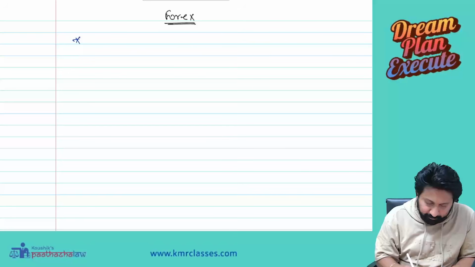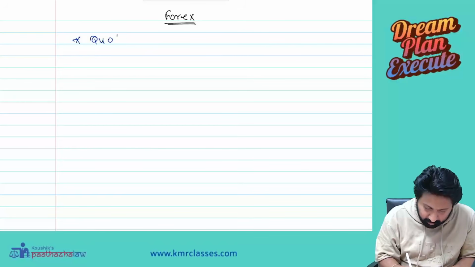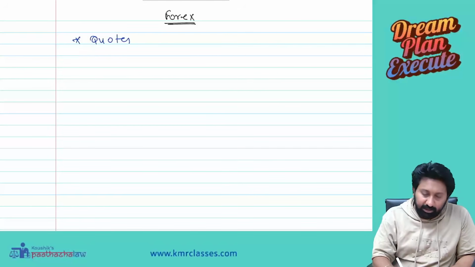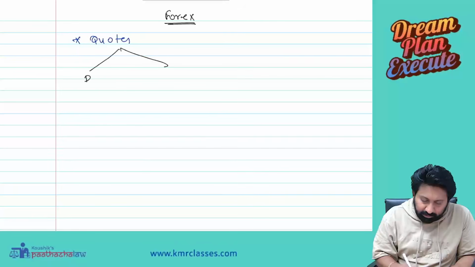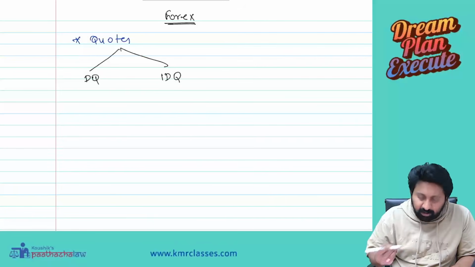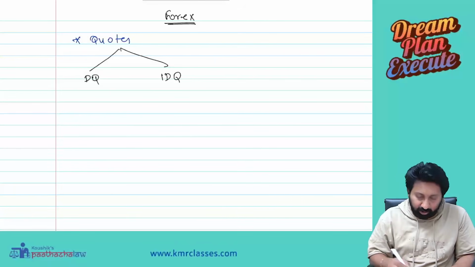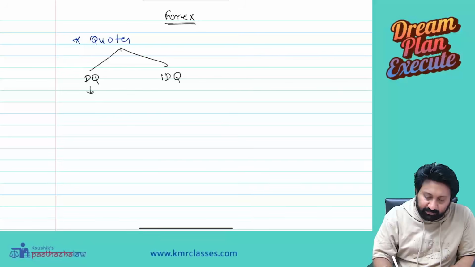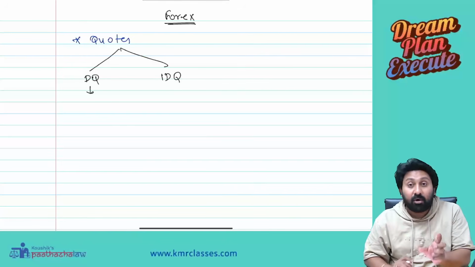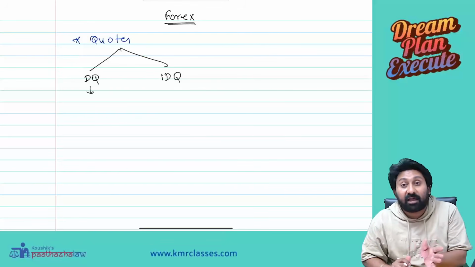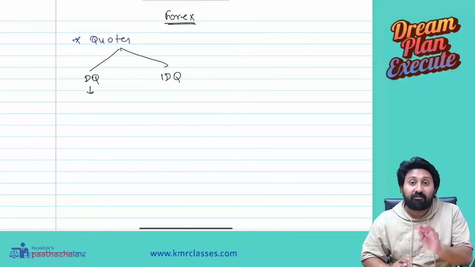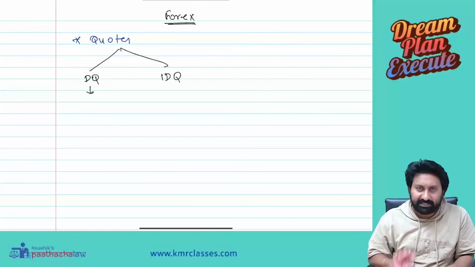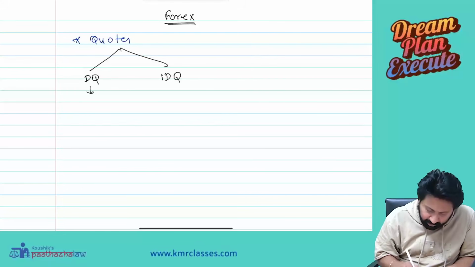Number one, quotes. There are two types of quotes. One is a direct quote, another one is an indirect quote. Direct quote is something which puts the home currency in the number of units place, foreign currency in the per units place, in simple language.